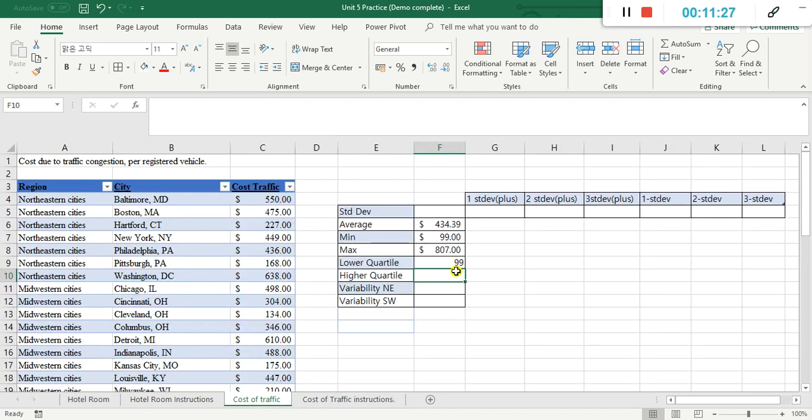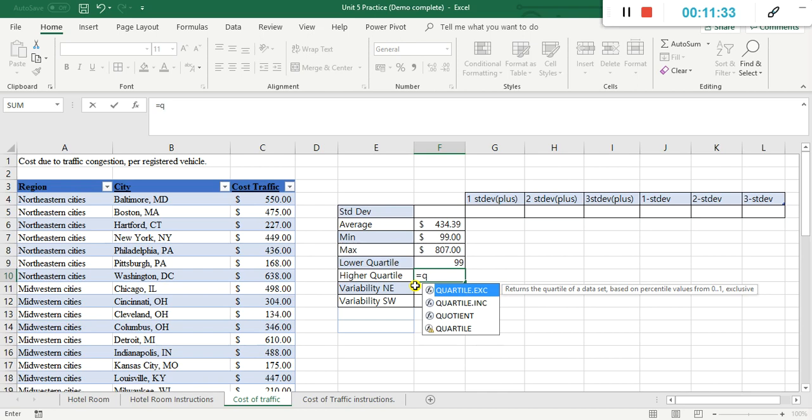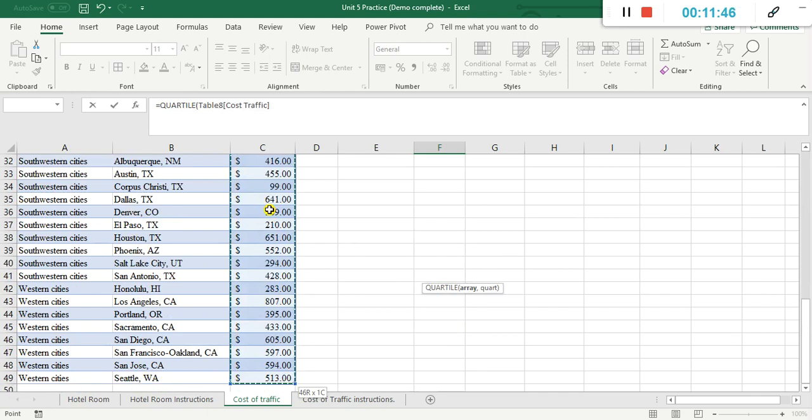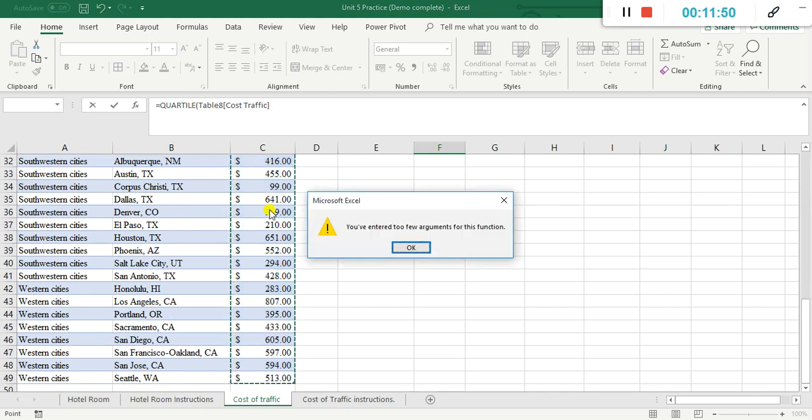Yeah, that one was the lower quartile, and then the same thing for the other. Don't pick quartile.EXC, INC, or quotient. Those ones are not needed. Be careful not to press enter. If you enter, it's gonna tell you, oh no, you entered too few arguments for this function.